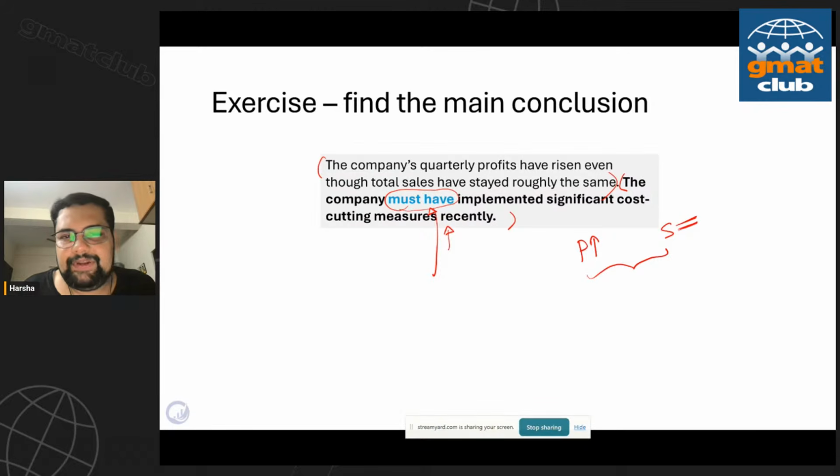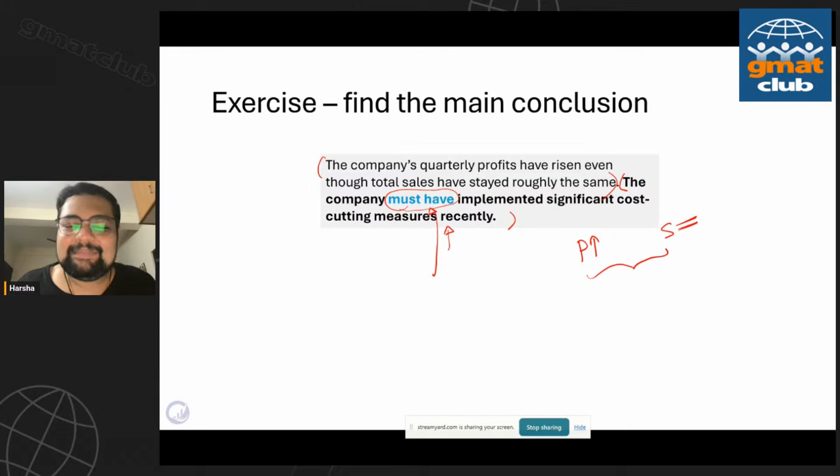Actually, if I remove that must have, right, the company implemented significant cost cutting measures, the company's profits have risen. It's just two factual statements. At that point, I don't even know if it's an argument anymore. It's just the author telling me that the profit has increased, sales has stayed the same, and cost cutting has been done, right?